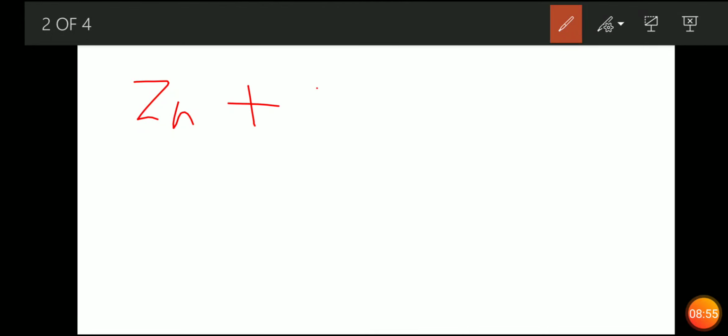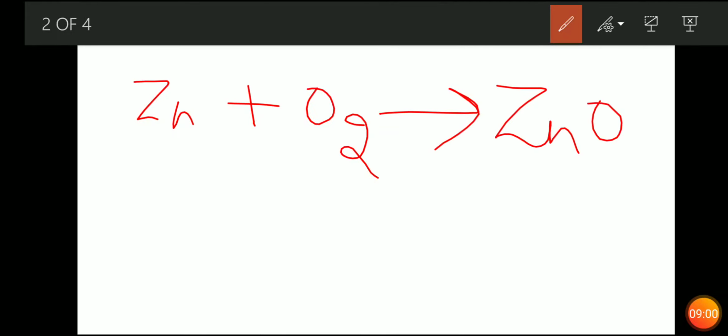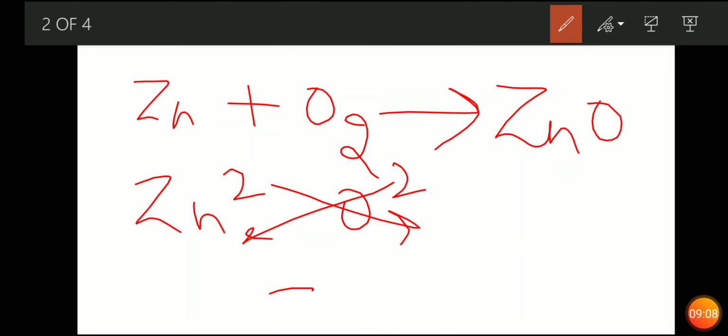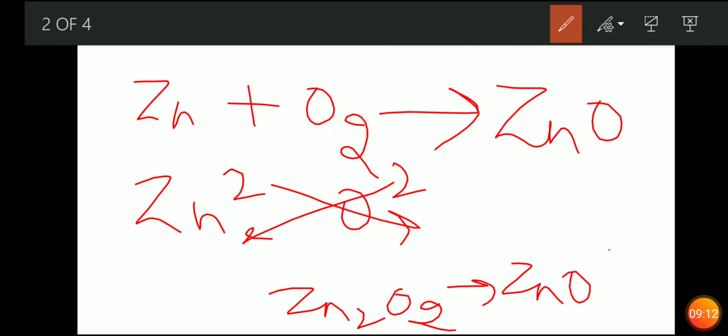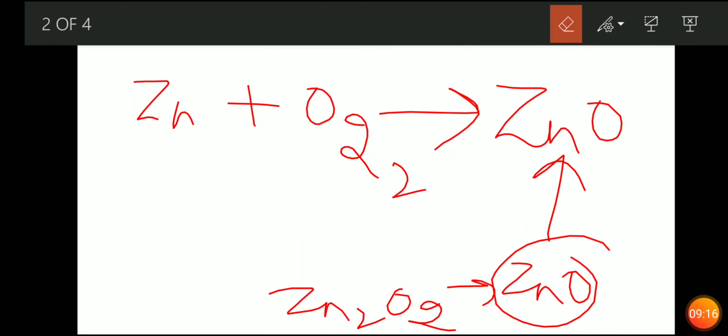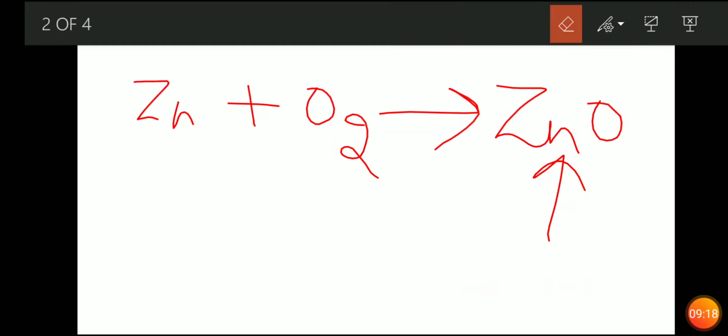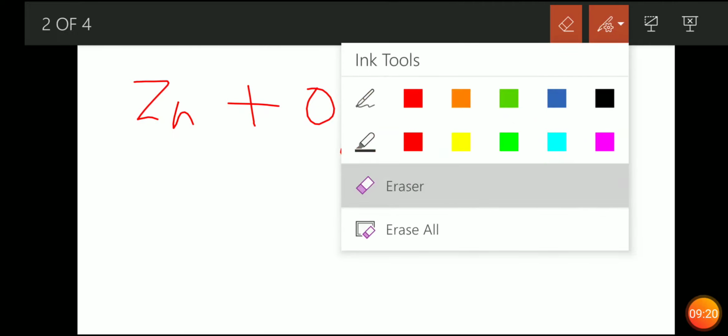Now see, Zn plus O2 gives zinc oxide. Why? Zinc has a valency of 2 plus and oxygen has a valency of 2 minus, so they will interchange, form Zn2O2 and give you ZnO. Now we are doing combustion and combination reaction.